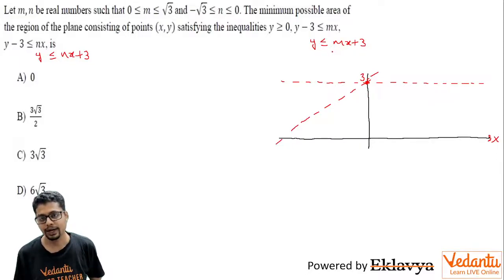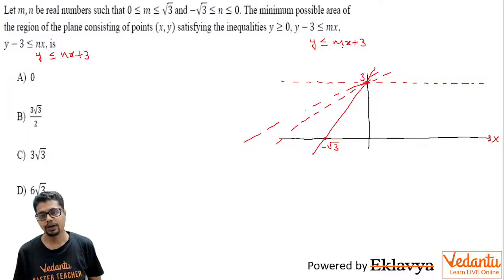So this line definitely passes through the point (0, 3), and as you increase the slope m from when it is 0, where it is a line parallel to the x-axis, it first has a small slope, then a bit more slope, and the maximum possible slope is when m is equal to root 3, in which case when you put y to be 0, x would turn out to be minus root 3. And what about y less than or equal to mx plus 3?